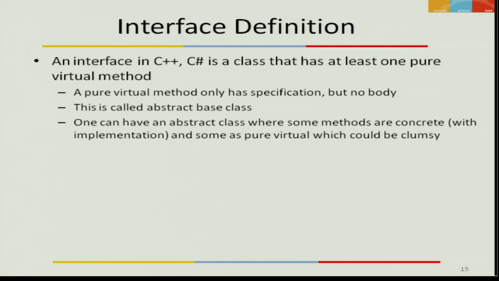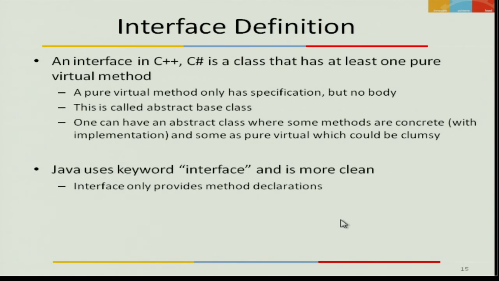So an interface in C++ and C Sharp is basically a class that has at least one pure virtual method. A pure virtual method has a specification but no body. This is called an abstract base class. One can have an abstract base class where some methods are concrete and some are completely virtual, and another class needs to implement that. But in my opinion, such a design is quite clumsy.